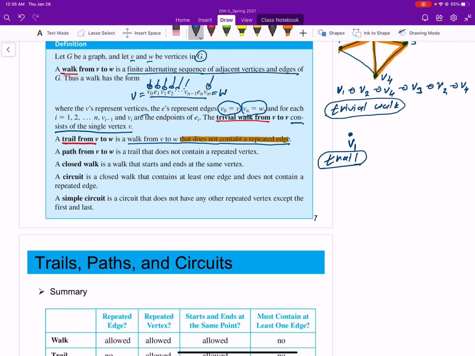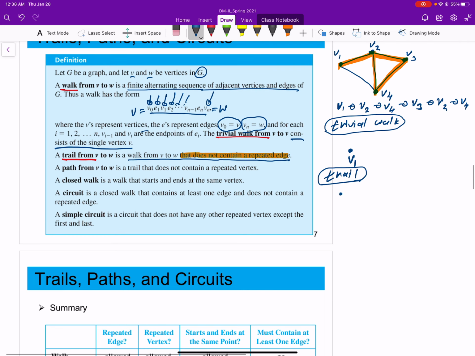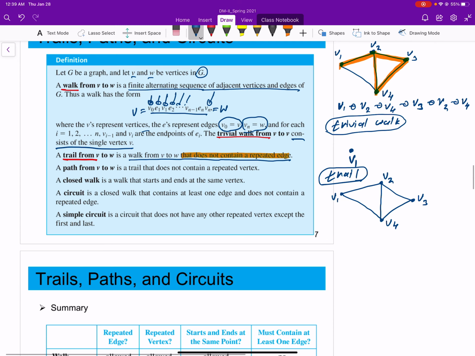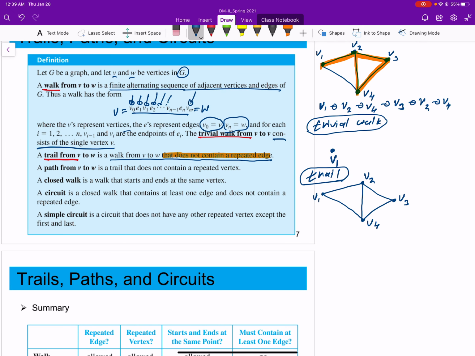Let's consider the same graph. This is V1, V2, V3, V4. All right, so then I'm going to write a trail.